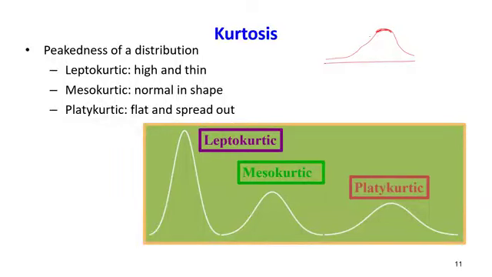Basically it explains the peak, whether the peak is very sharp, or whether it is normal, or whether it is broad. With kurtosis, you can understand whether your distribution is leptokurtic, meaning your peak is high and thin.